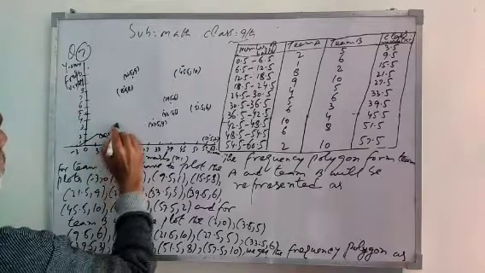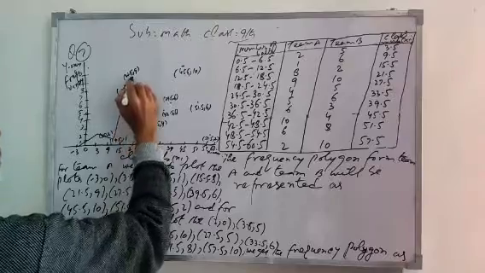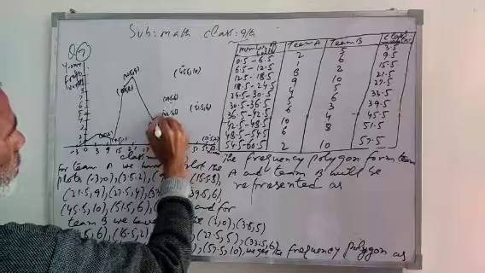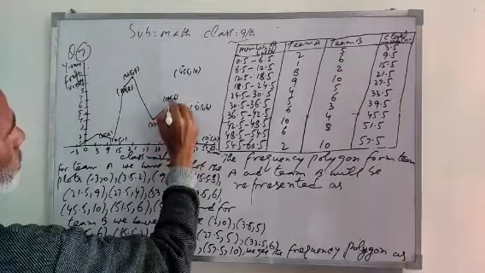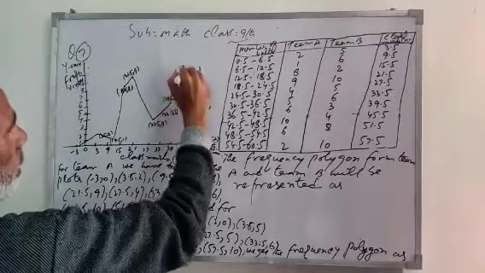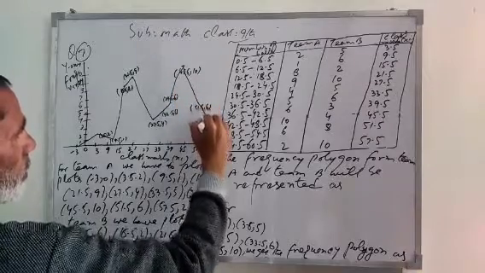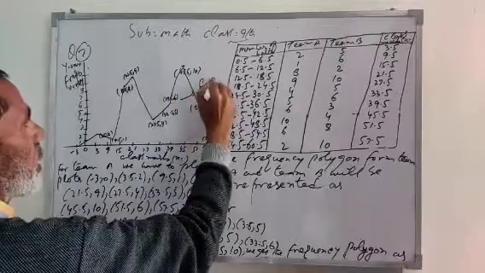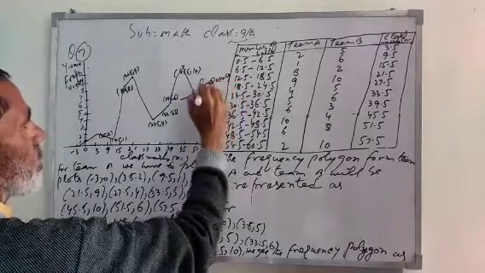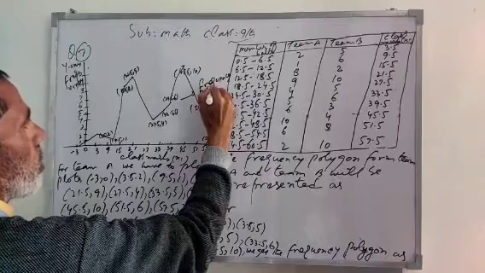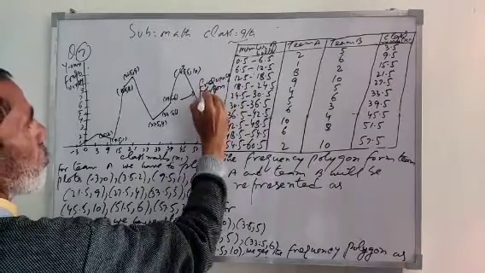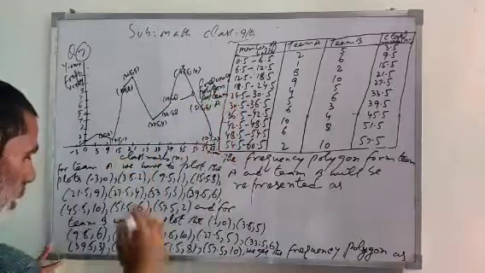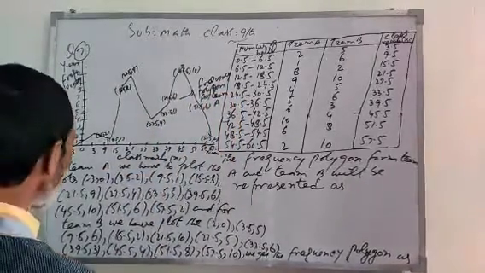This shows the frequency polygon for team A. Now, similarly, we have to represent for team B.